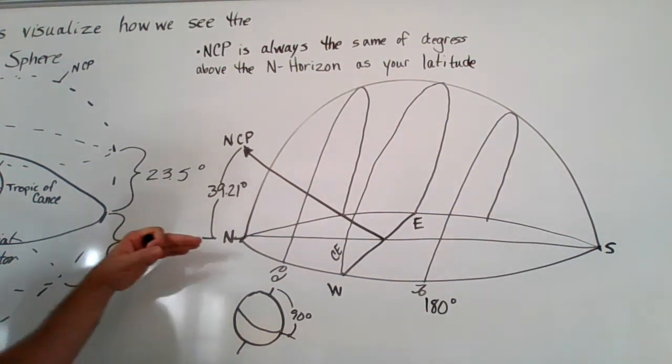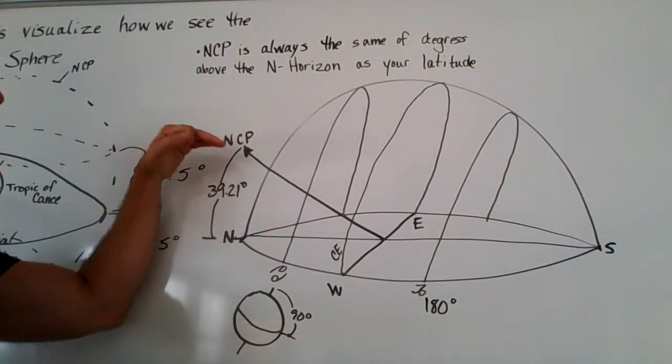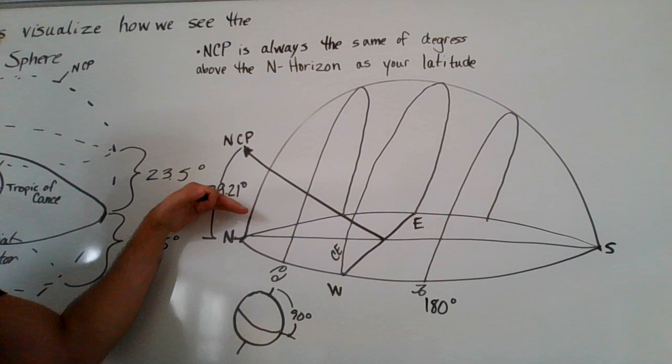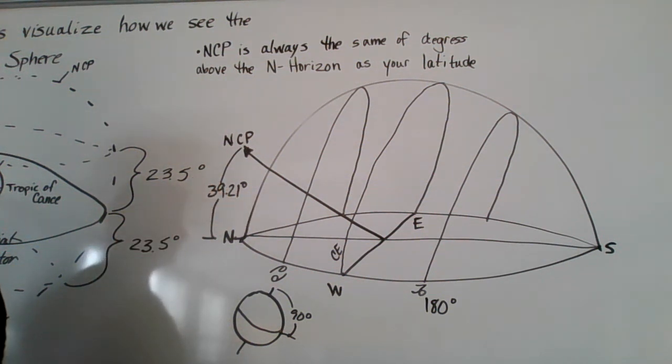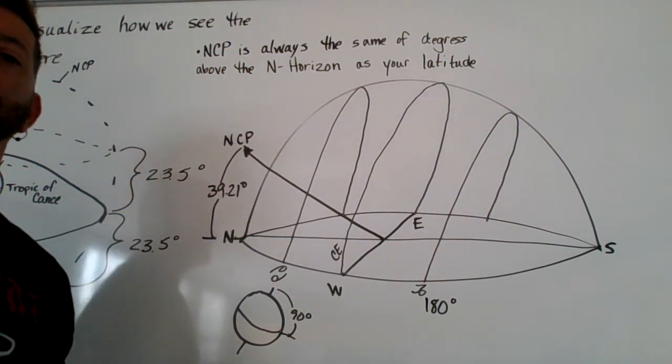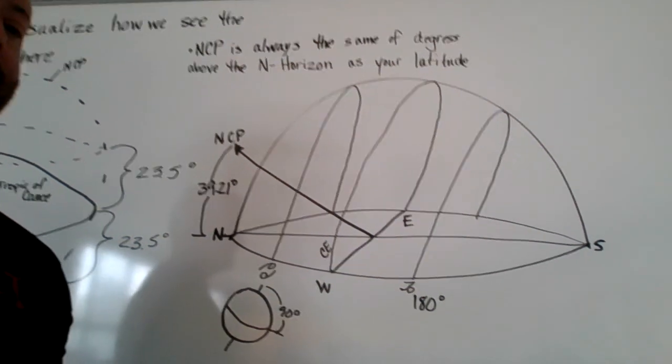So if I was at 45 degrees, it'd be 45 degrees. If I was at 20 degrees north latitude, it'd be at 20 degrees. So far, so good? Oh, good. I'm glad you're understanding.